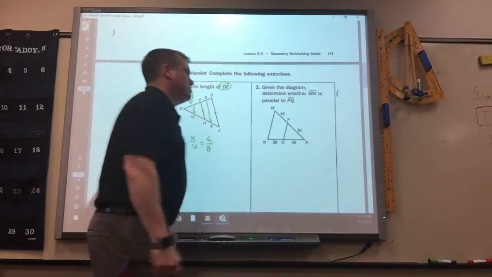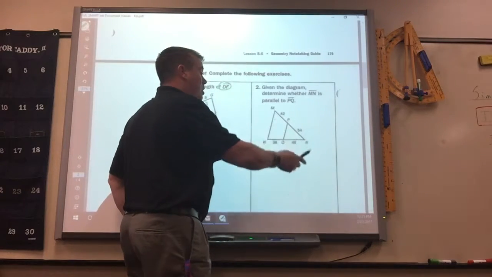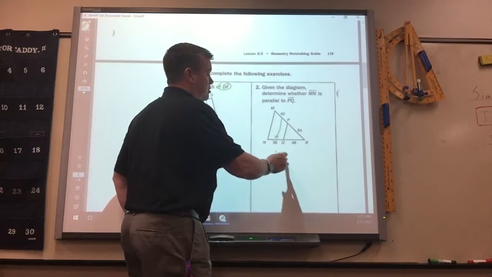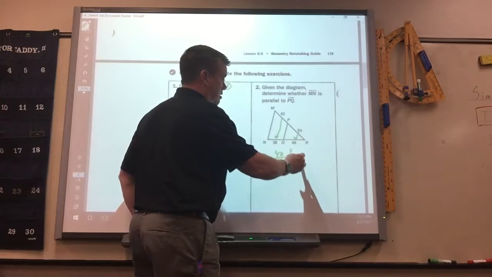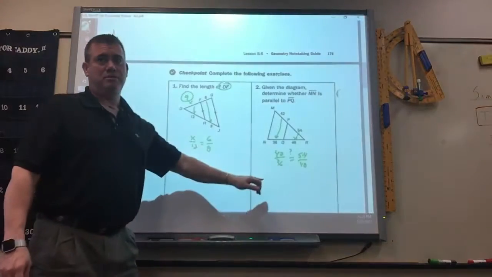Okay. Here, they're wondering, are these lines parallel? Well, they're parallel as long as these are proportional. 42 over 36 doesn't equal 54 over 48. Remember how to check if they're proportional?